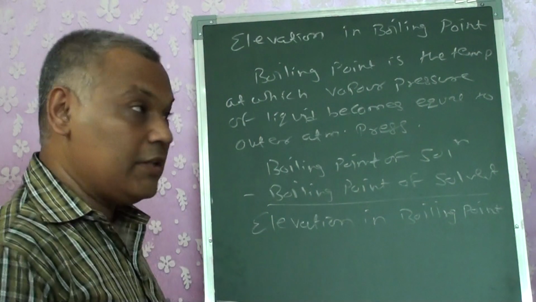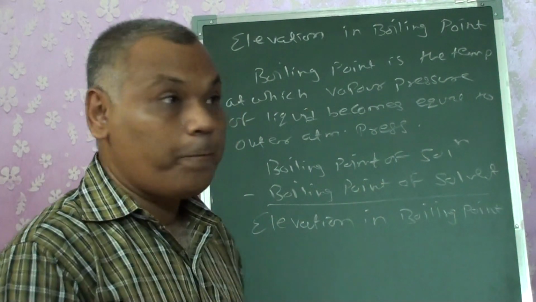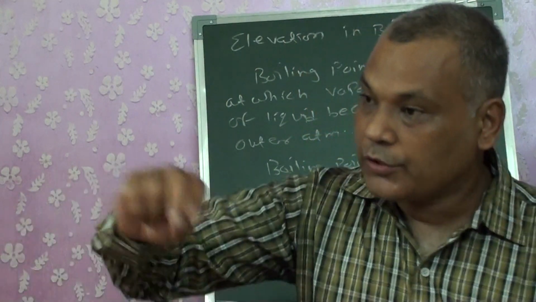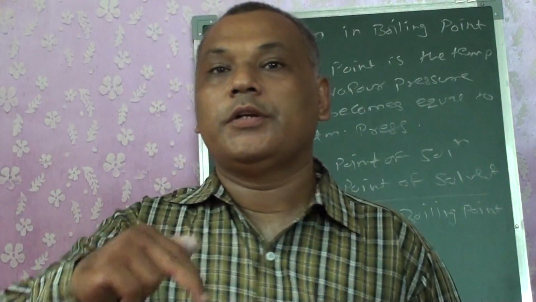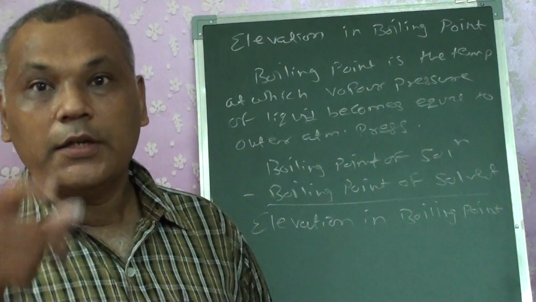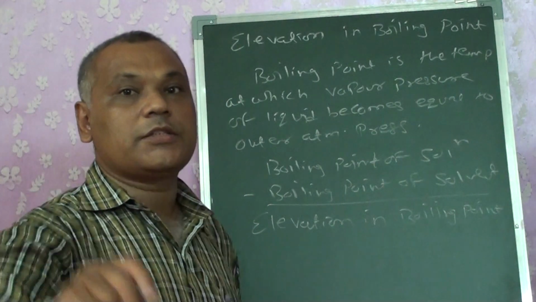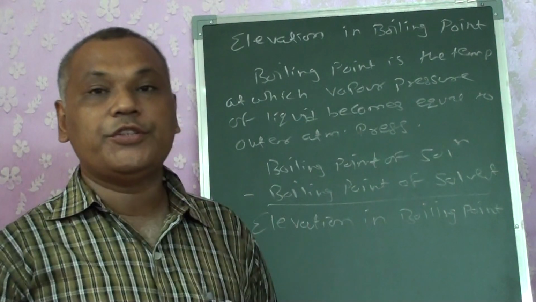This means the solvent had one fixed boiling point. When a solute is added to it, its boiling point rises. The change in the boiling point that we got is considered as the elevation in boiling point.